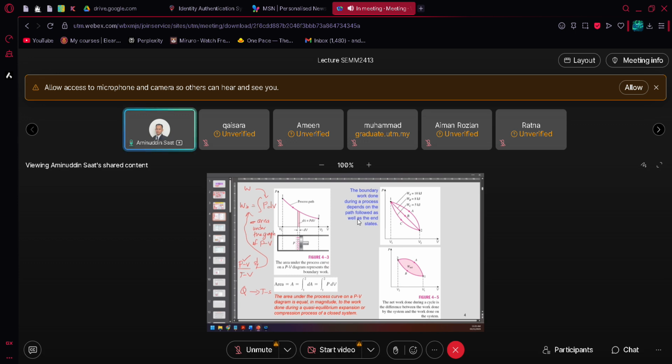But in order to understand the TS, you need to understand the TV diagram first. That is the reason why you learn the PV diagram: it assists you in drawing the process from one point to another, from the initial to the final, and then the area under the graph represents the boundary work.